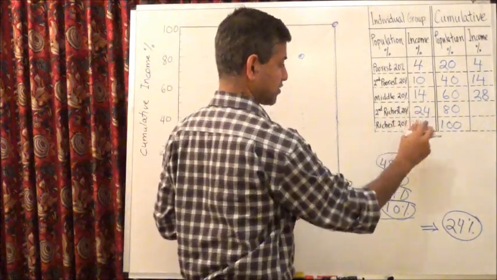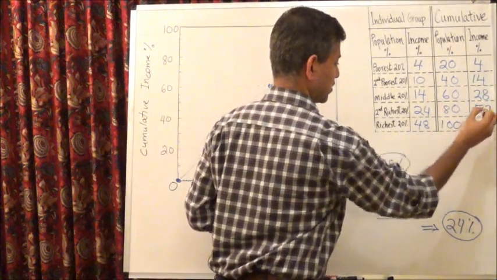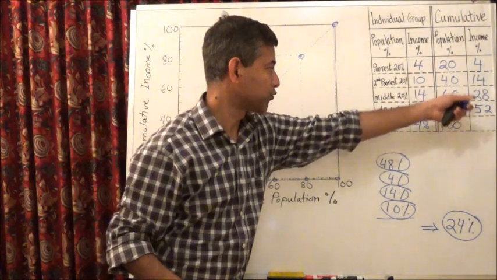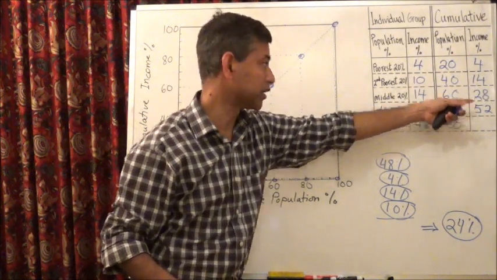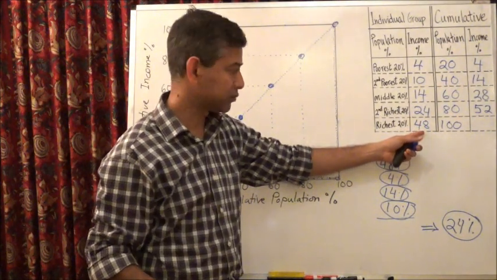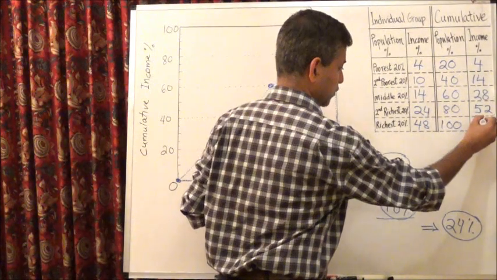Cumulatively, when we add the next group, we get 52%. This makes sense: 52% of the national income is accounted for by the bottom 80%. Add to that 48% of the income, and we will have seen 100% of the income.